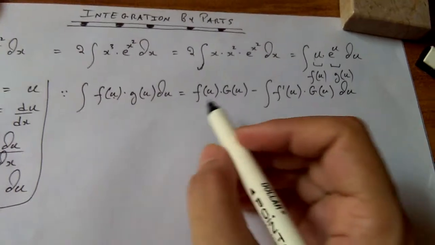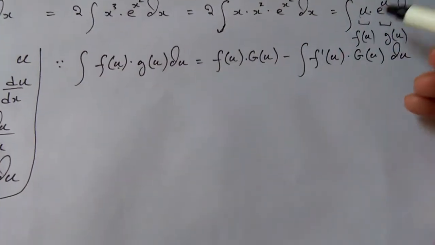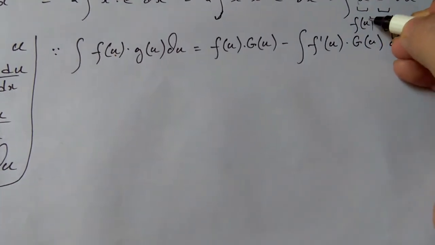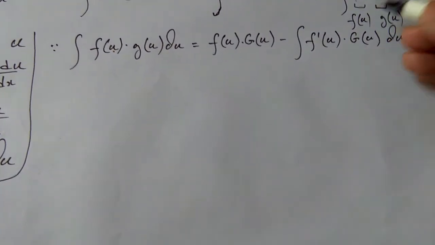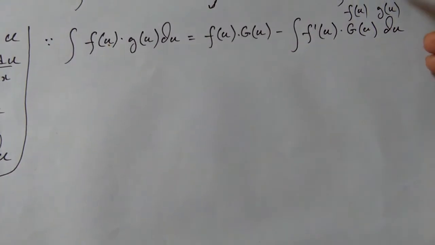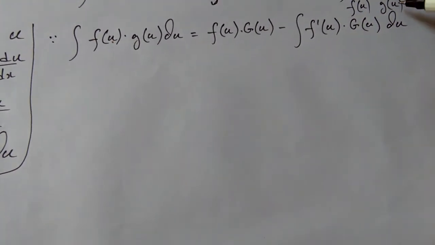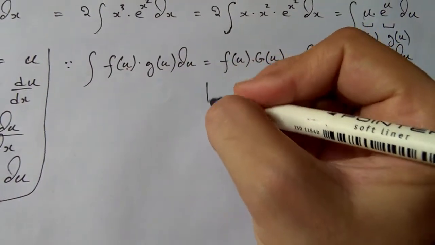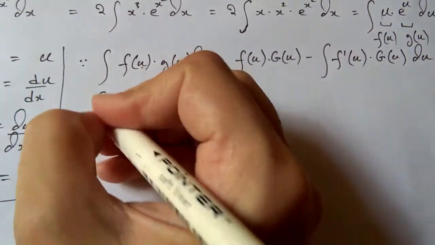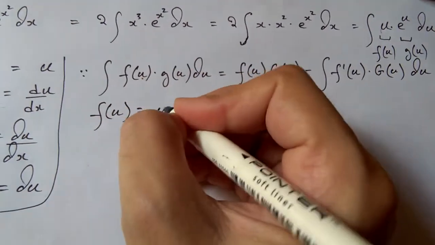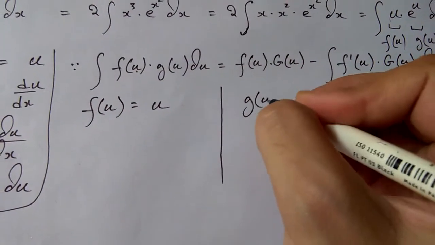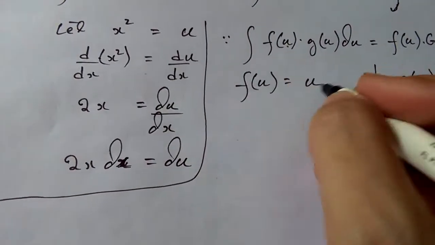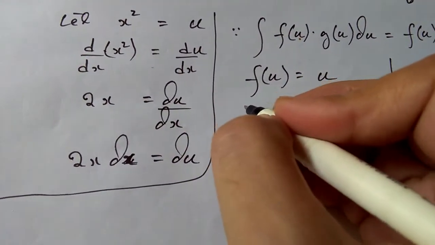That's the formula. Now, as we have just made the decision that u is our f of u, the function to be differentiated, and e of u is taken as the g of u, the function to be integrated. Okay, so let us make a proper column here. F of u is our u, g of u is our e power u. Differentiate both sides with respect to your u.